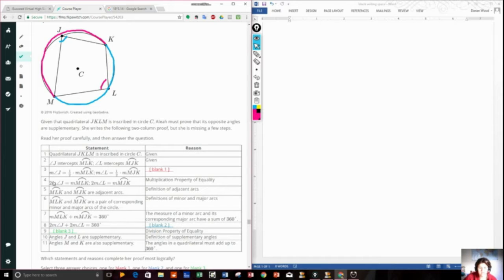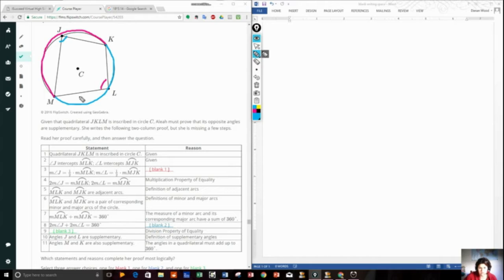So now she has 2 times the measure of angle J is equal to the measure of the arc, and 2 times the angle of L is equal to the measure of the arc MJK. Multiplication property of equality. She's simplifying, and then measure arc MLK.